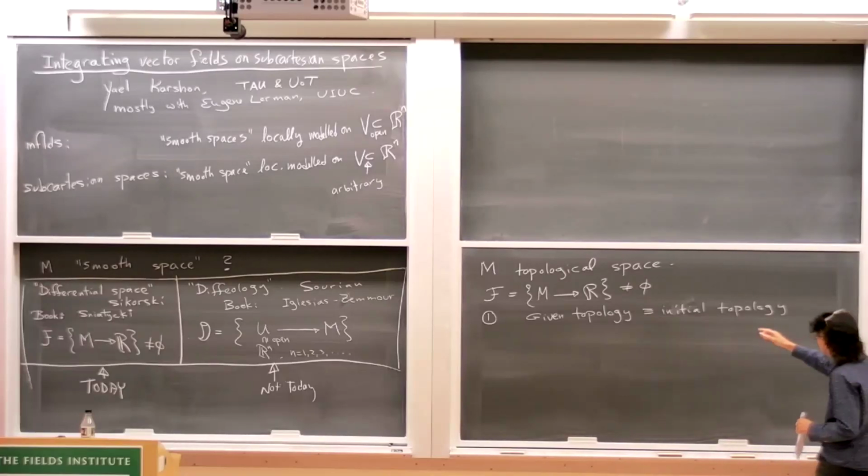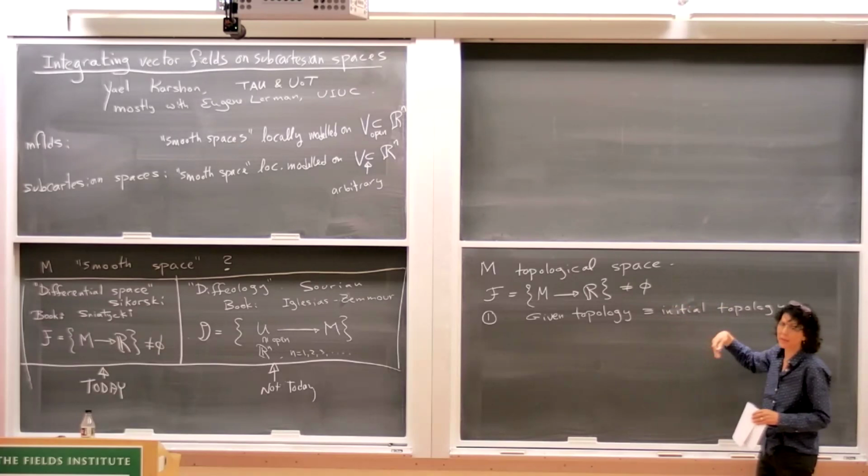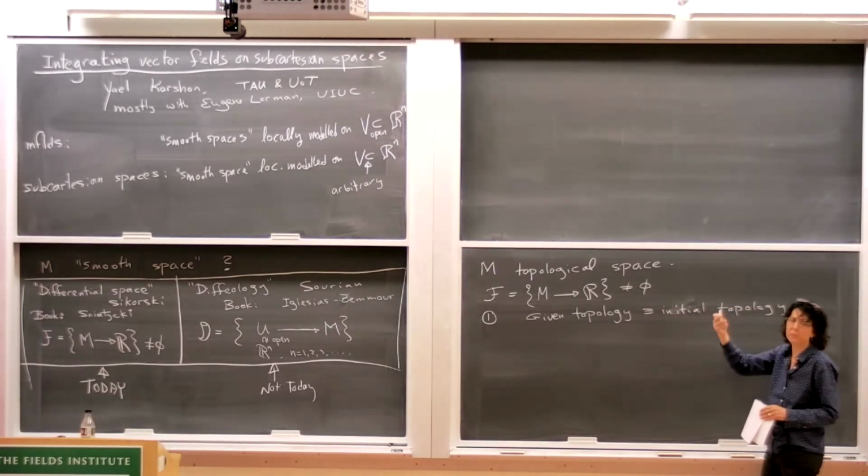So I could have just ignored the topology and just declared that, equip the space with the initial topology and move on.